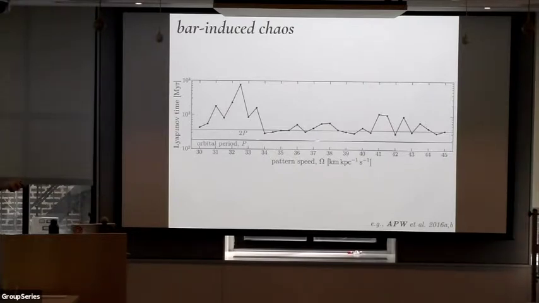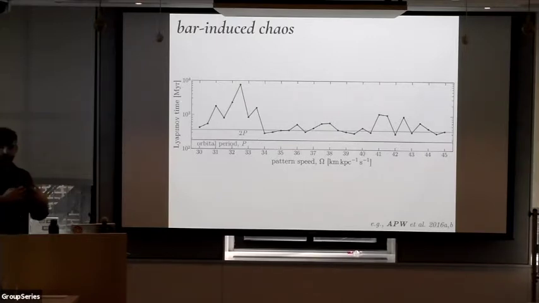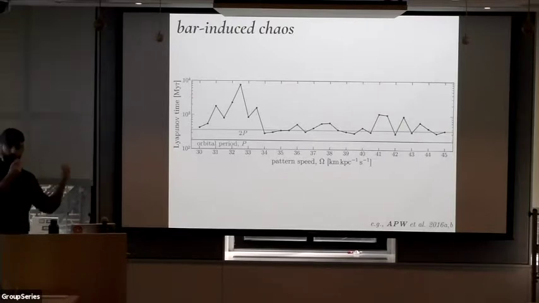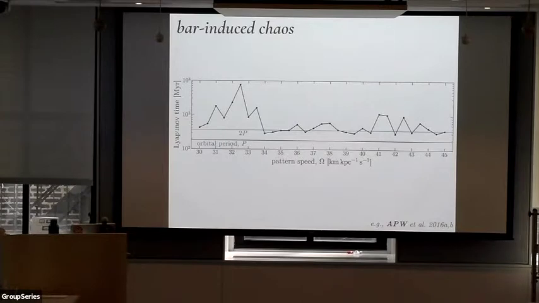This is the orbital period of Ophiuchus. The Lyapunov time, which sets the characteristic timescale over which chaos is important, is often comparable to the orbital period or a few times the orbital period. Meaning that debris being stripped from a star cluster on an orbit like this is not going to stay coherent. It's going to very quickly spread because the orbits will diverge, which is what this is a measure of.